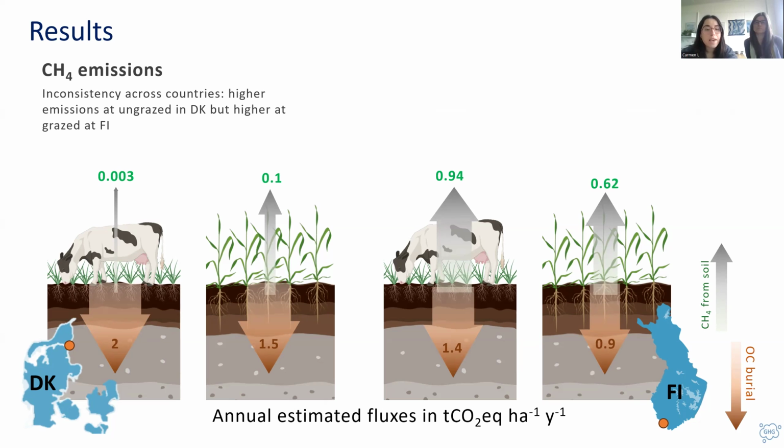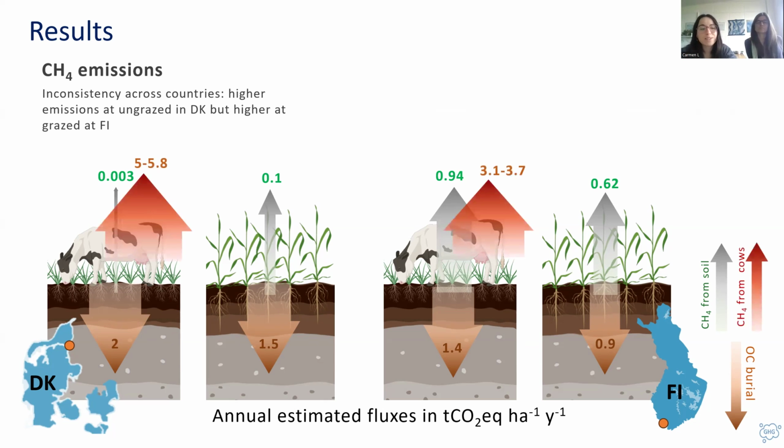And to these fluxes outside and inside the soil, we need to consider also the fact that the cows are also emitting methane. And when we add up to these fluxes the methane from the cows on our sites, we can see that the grazed salt marshes would be actually having a negative impact on the climate, being sources of CO2.